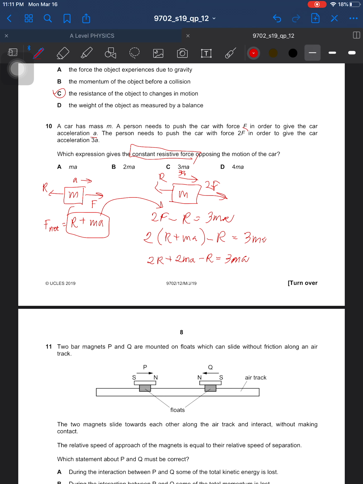So you have 2R minus R, which is R, and then let's transpose the 2MA to the other side of the equation. You have 3MA minus 2MA, so R is equal to MA. So the answer is A, MA.